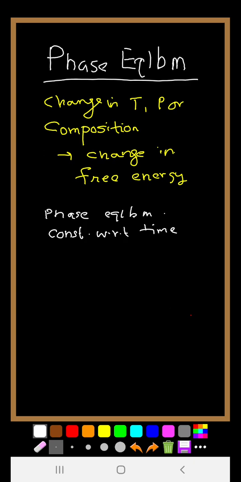And in many metallurgical and materials systems of interest, phase equilibrium involves solid phases.